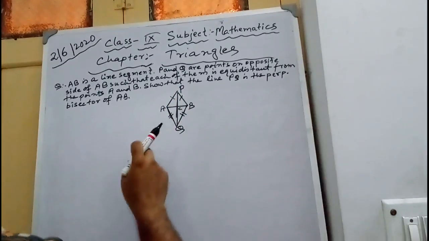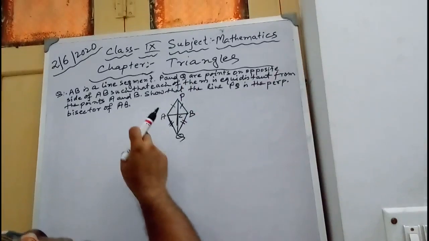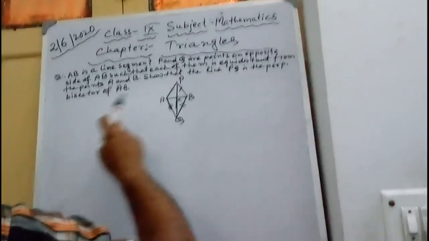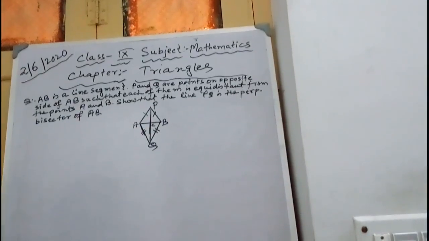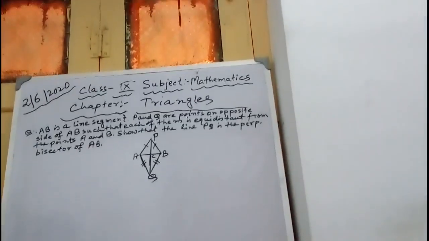P and Q are points on opposite sides of AB, such that each of them is equidistant from the points A and B, so that the line PQ is the perpendicular bisector of AB. Now see the solution.